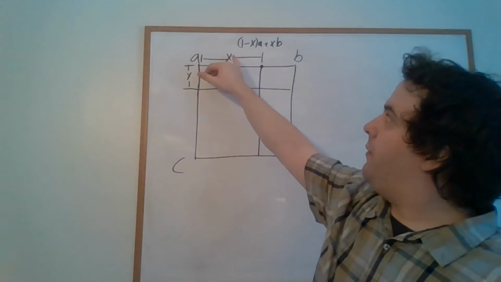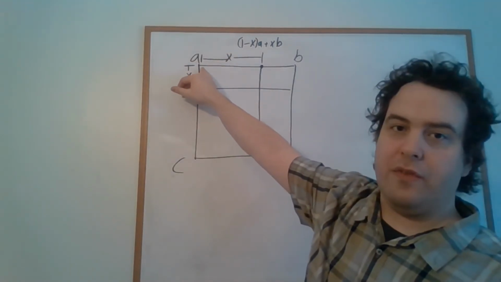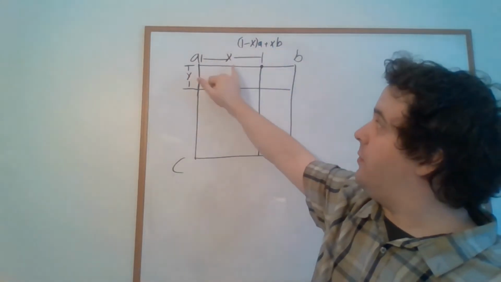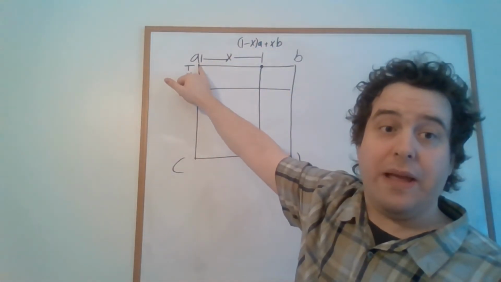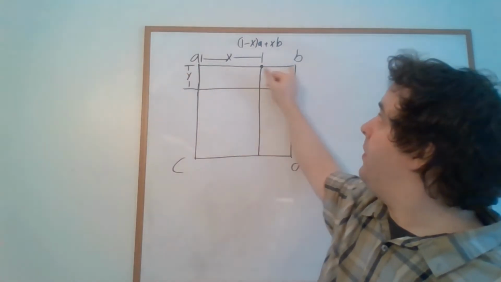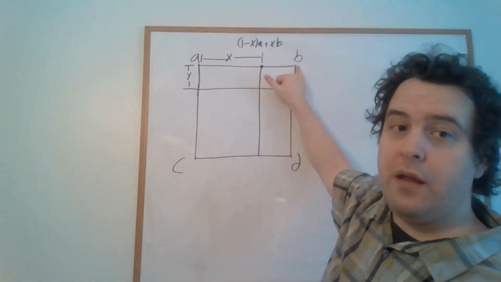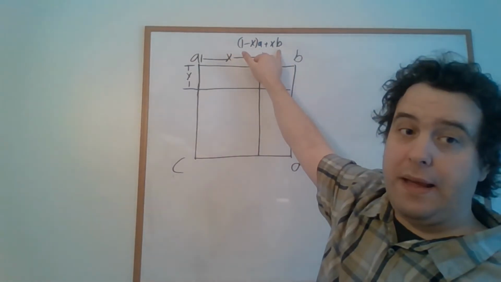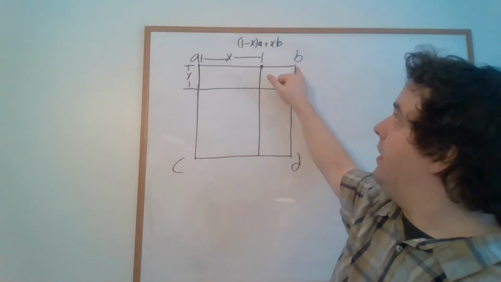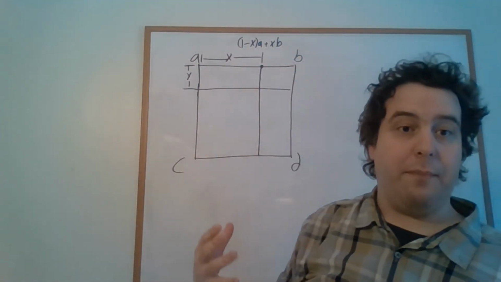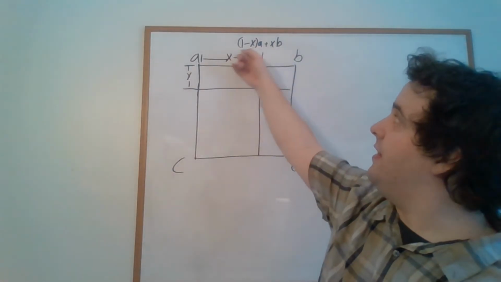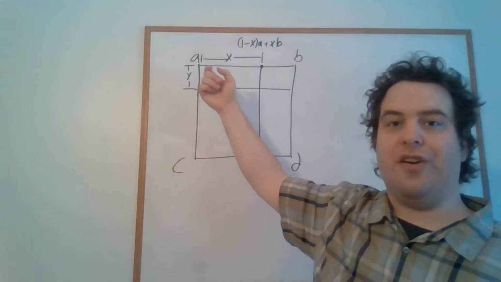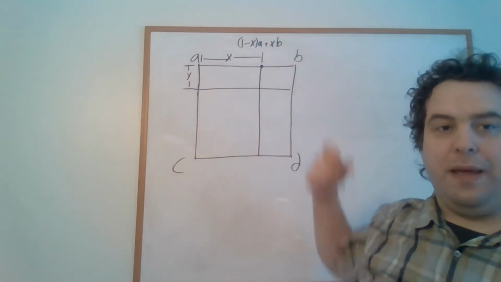And we can see when we plug in x is equal to 0 into this formula, we get 1A plus 0B. So when x is equal to 0, we're here and we get an alpha value of A. And when we plug in x is equal to 1 into this formula, we wind up getting 0A plus 1B. And so at this point, the alpha value will be B, so that matches with what we expect, and this is a linear formula in x. So this is a linear interpolation between A and B.